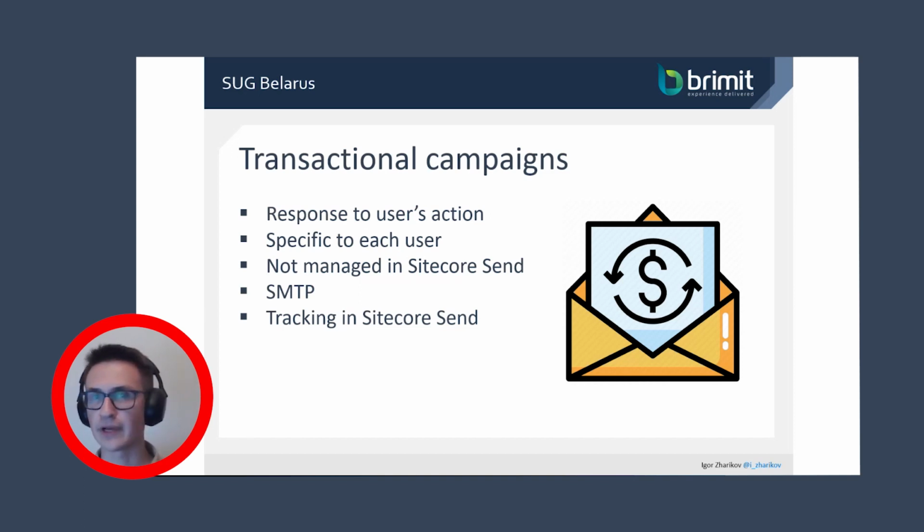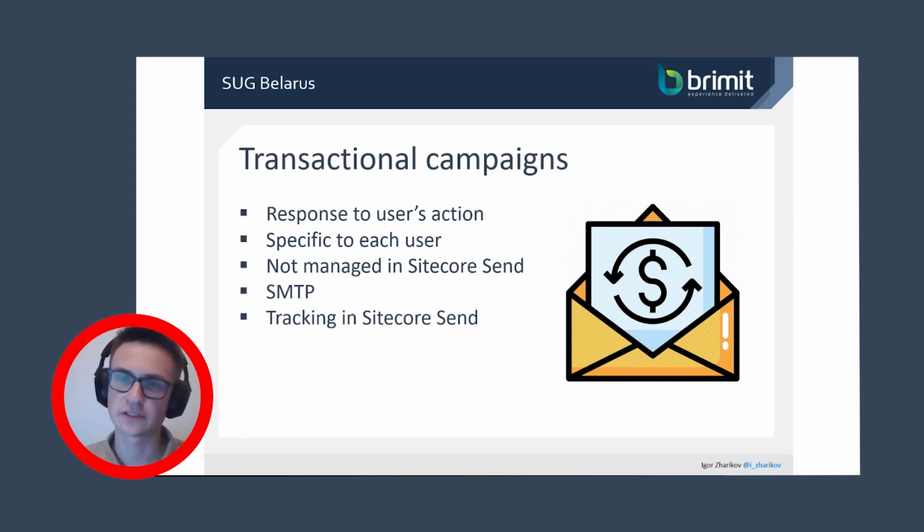This type of email campaign contains data specific for each user, and is typically sent to individuals one at a time. So the key difference here, in comparison to previous email campaigns, is that data should be specific to the user.